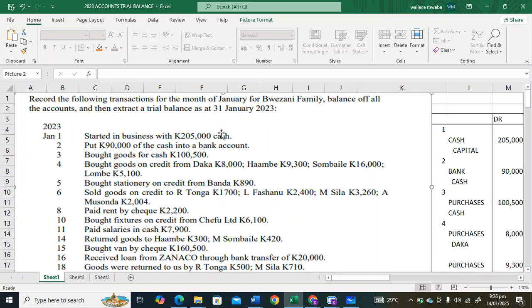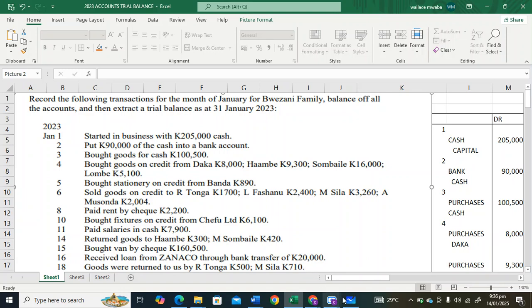So now we ask, which accounts are increasing and which ones are decreasing? Or are they both increasing, or both decreasing? Anybody to give it a try? Yeah, the cash account is increasing. What about the capital account? Yes.